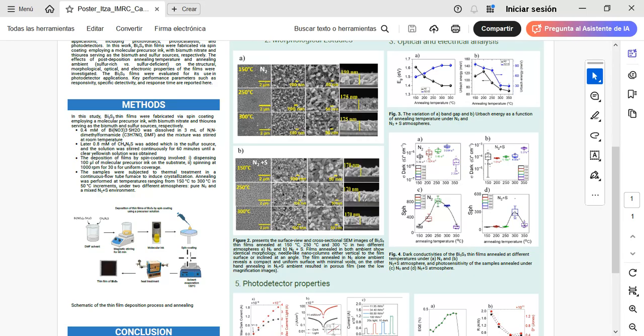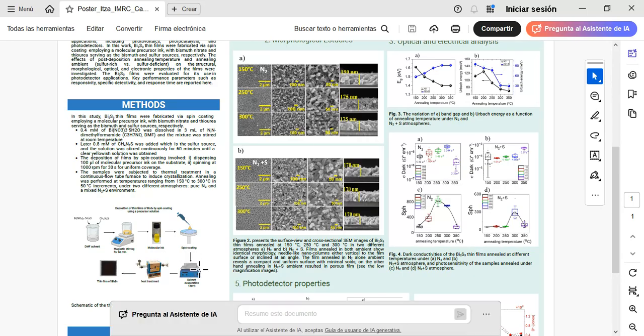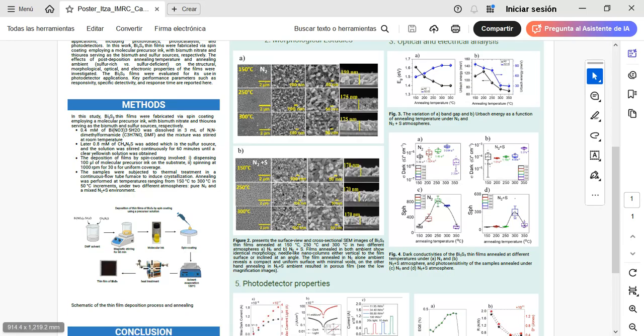Finally, the samples were subjected to thermal treatment in a continuous flow tube furnace to induce crystallization.